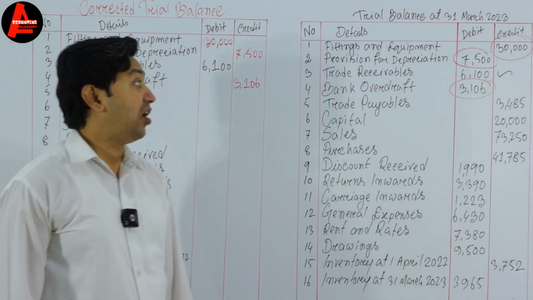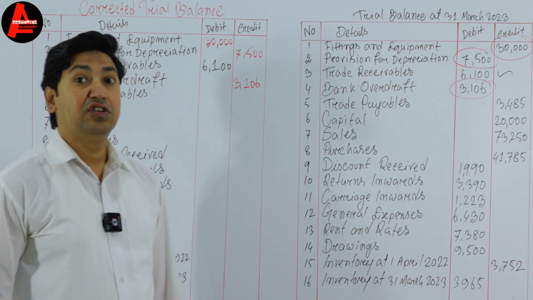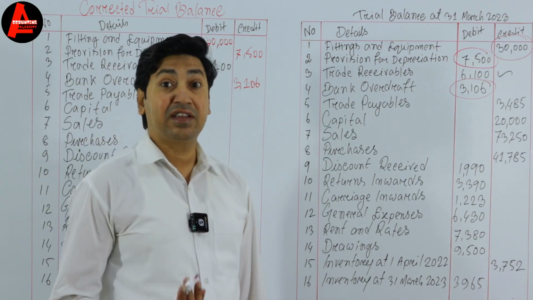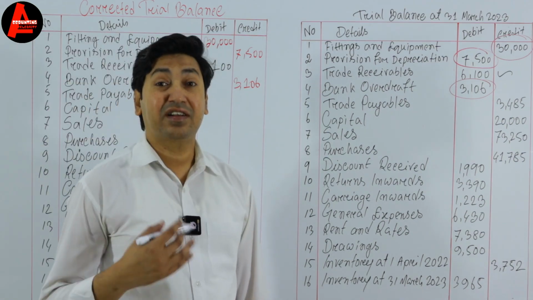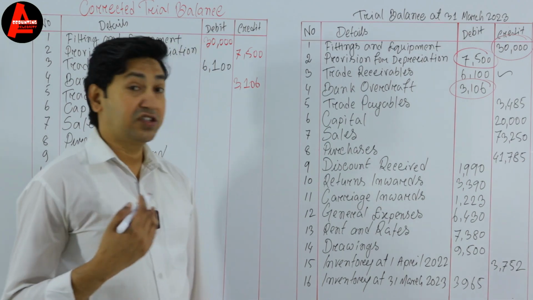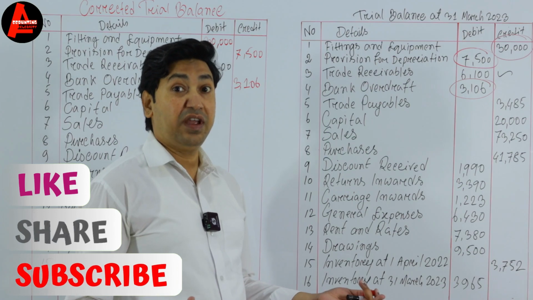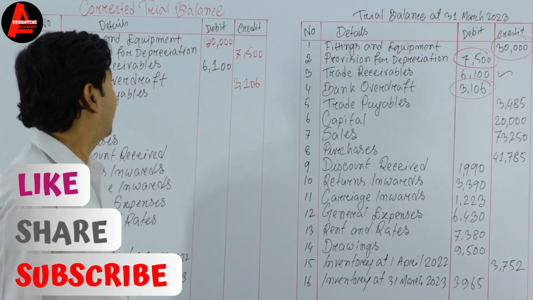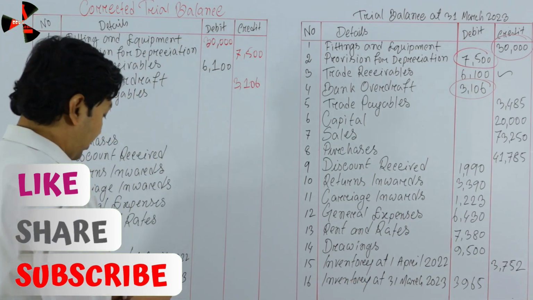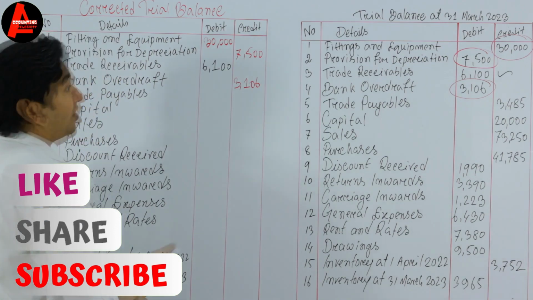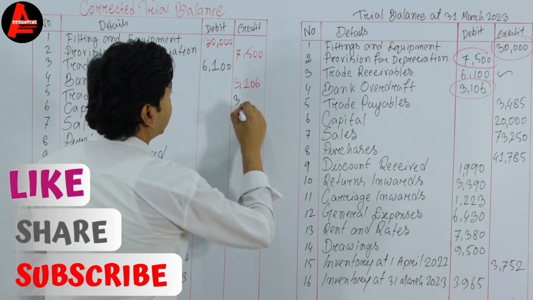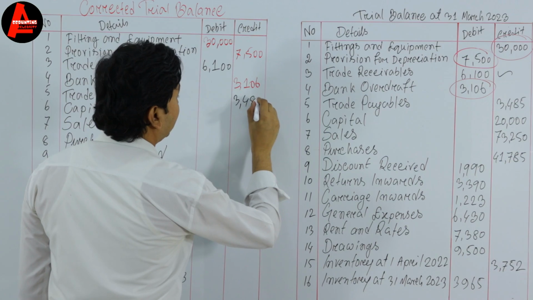Then we have the next one, trade payables $3,485. It is in the credit column. Trade payables are a liability, a current liability. You already know liabilities of all types will be credited. Point to be noted, don't forget. So we will write it on the credit side, $3,485.